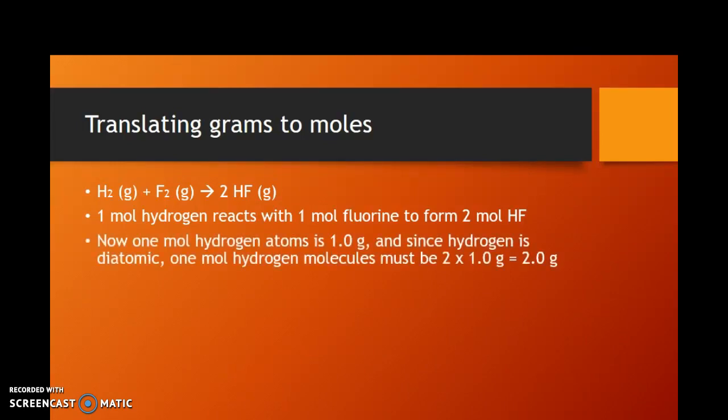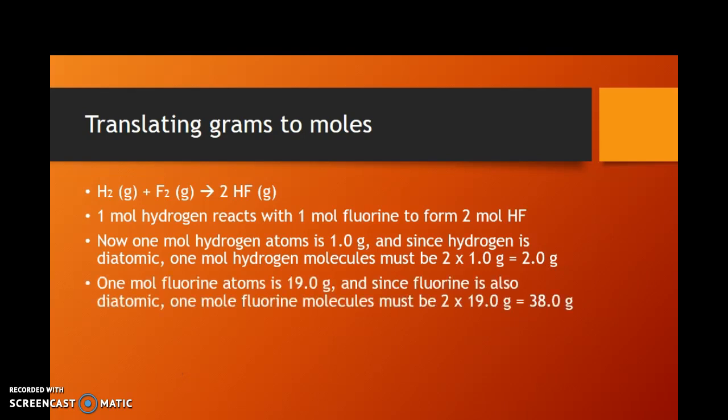Now, 1 mole of hydrogen atoms is 1 gram. Since hydrogen is diatomic, 1 mole of hydrogen molecules must be 2 times 1 gram per mole, or 2 grams of hydrogen gas per mole of hydrogen gas. And 1 mole of fluorine atoms is 19 grams, but it's also diatomic.